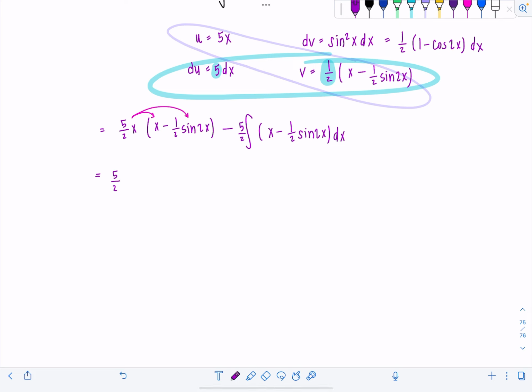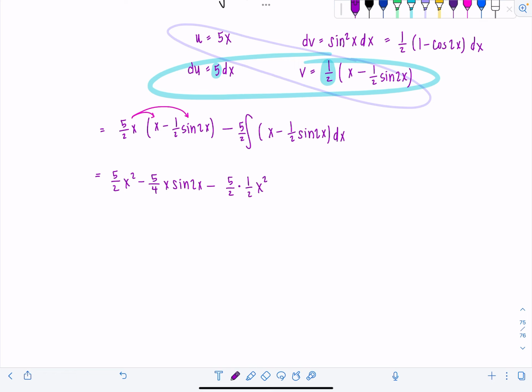So this is 5/2 x squared minus 5/4 x sine 2x minus, and then here's 5/2. Antiderivative of x is going to be 1/2 x squared.